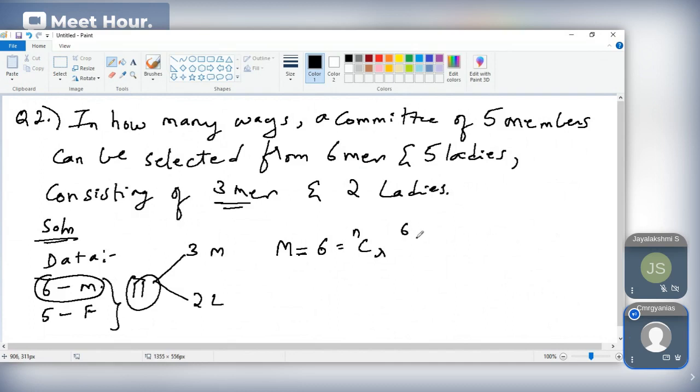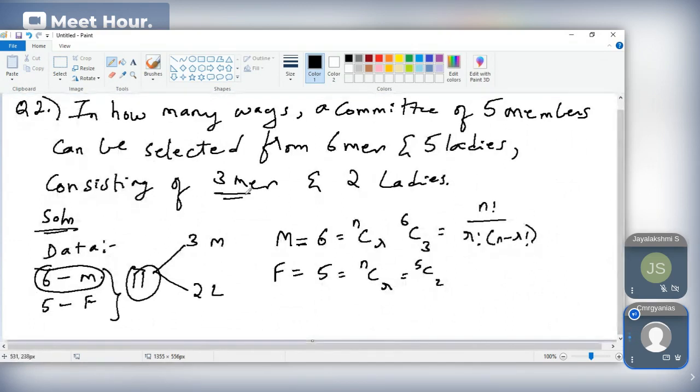This is 6C3. So this you again put in the formula, which is n factorial divided by r factorial into n minus r factorial. Then for female, there are 5. Out of 5, you have to select 2. So nCr, this will come 5C2.